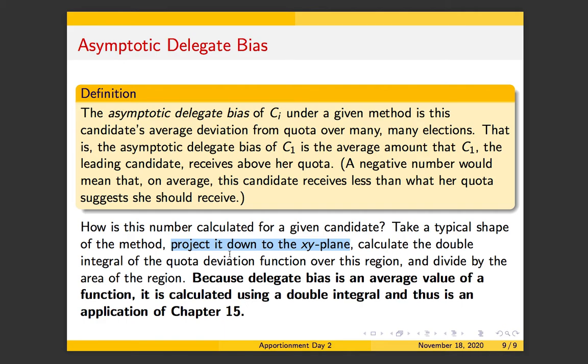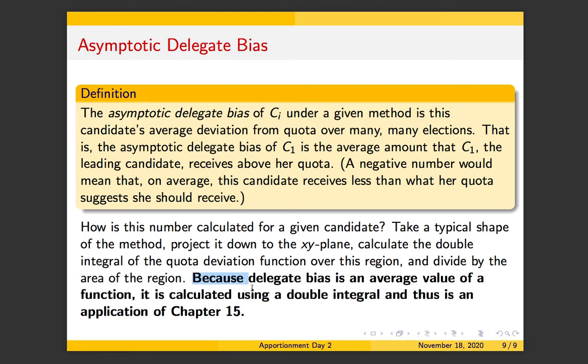You then calculate the double integral of the quota deviation function, right? Average deviation from quota. So again, I'll show you how to build this function in the next video, the final video. But there's a function there. You calculate the double integral and then divide by the area of the region, creating an average value, right? Integrate and then divide by the area.